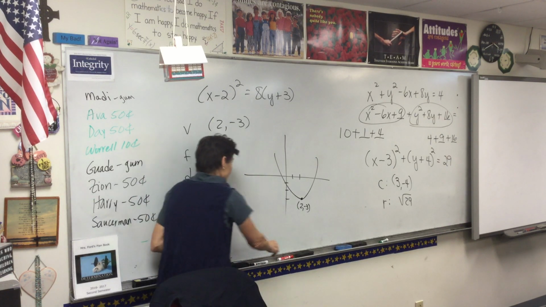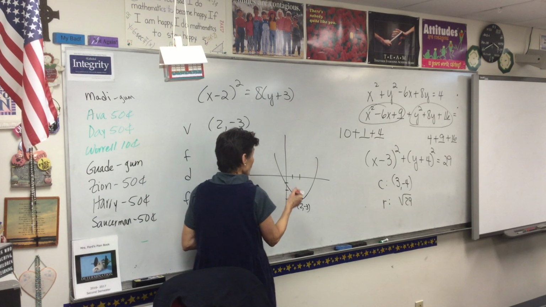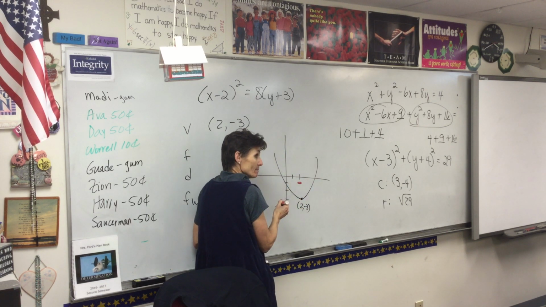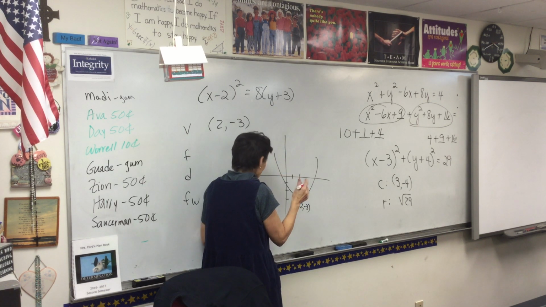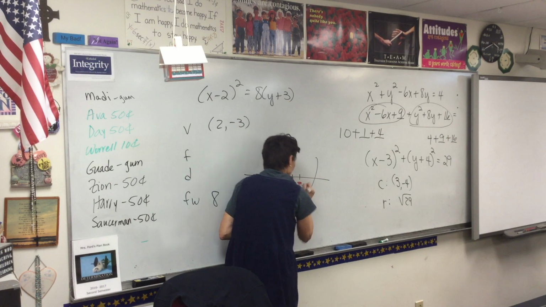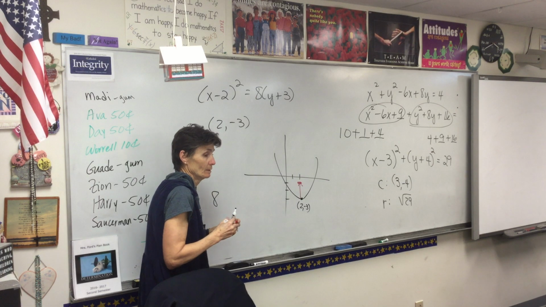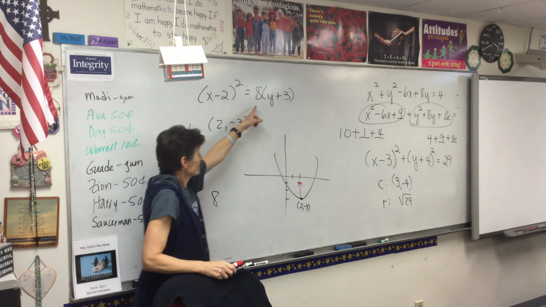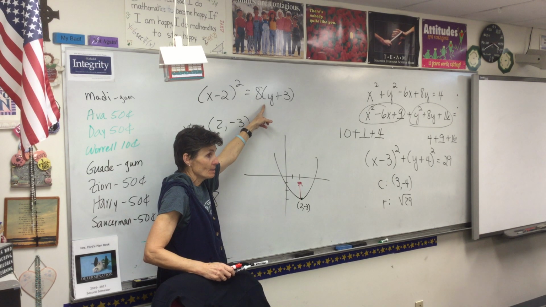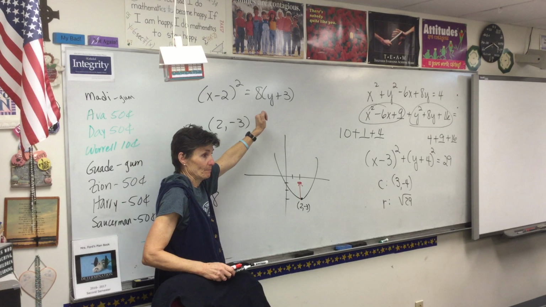That means that to get my focus, I'm going to go up. Now, I can tell you what that point is if I know how far up I have to go. I always go 1/4 of that number. That's how far you travel.